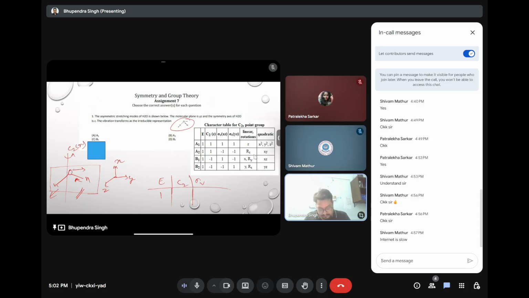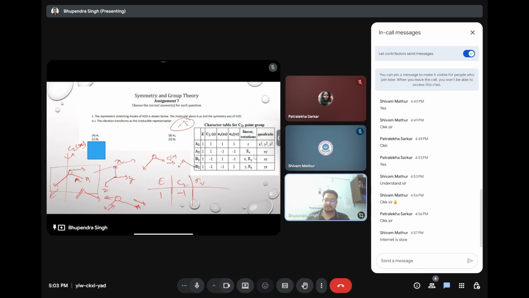After applying this C2, what will happen? This stretching will be here and this will be here. So it is -1, right? It is not similar. After the C2x operation, it will be like this, so it is -1.